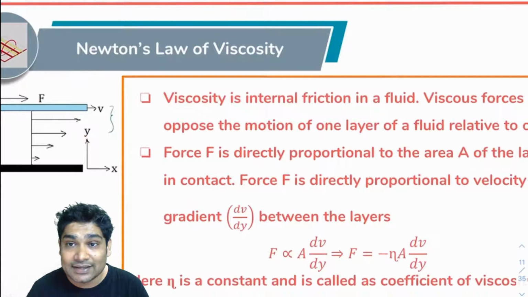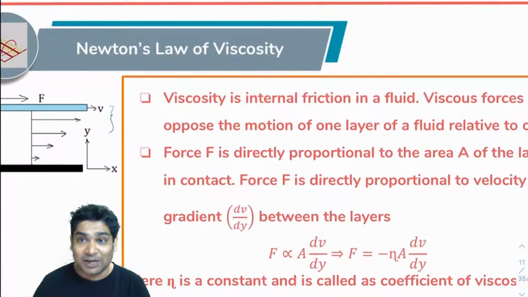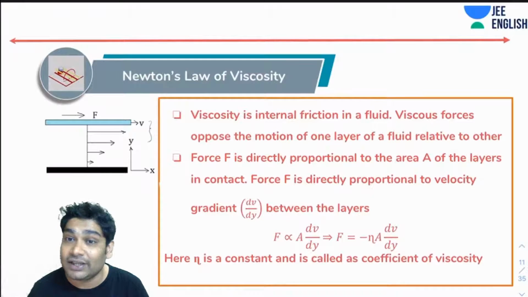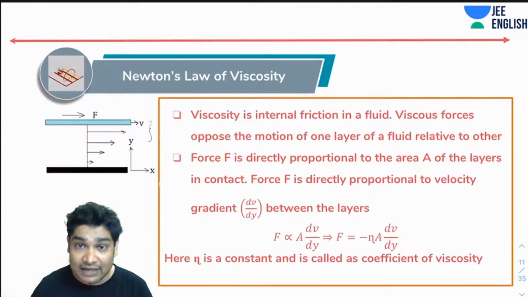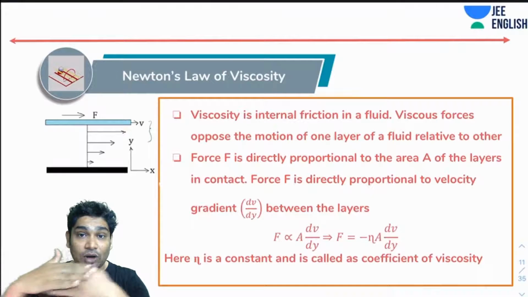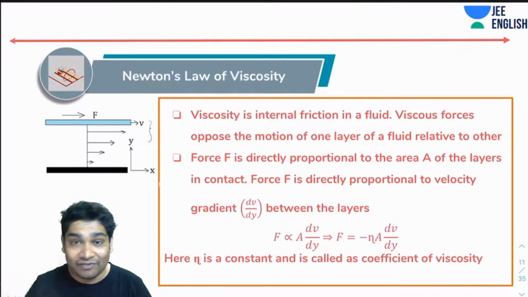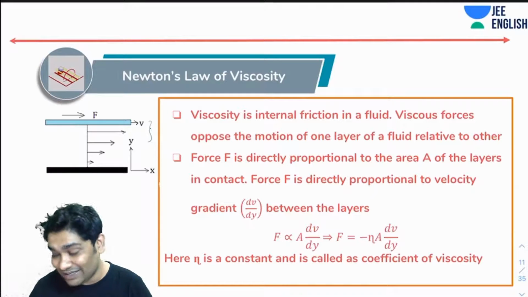If you introduce a proportionality constant, then our equation becomes F equals minus eta A dv over dy, where eta is called the coefficient of viscosity. The minus sign means that this force is in the opposite direction of the relative flow.